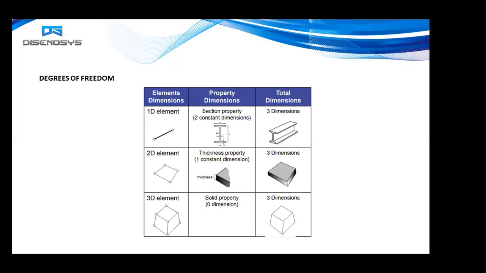If you apply a force on the node itself, the node will take care of all the rotational degrees of freedom. So for this you have to study what is shape function in FEA. If you take a theory book in FEA, there is a subject called shape function. You have to study about the shape function. Then you will come to know about it.